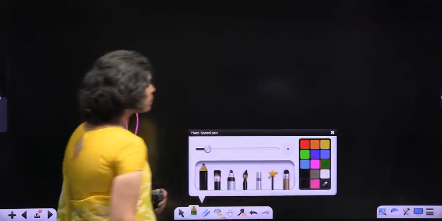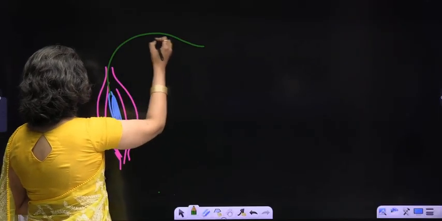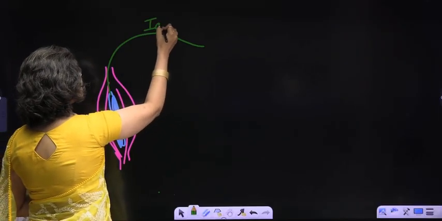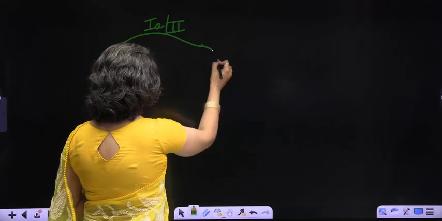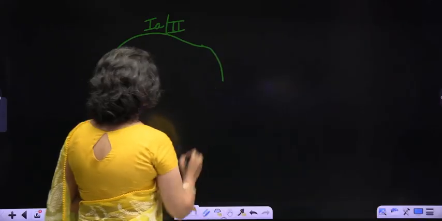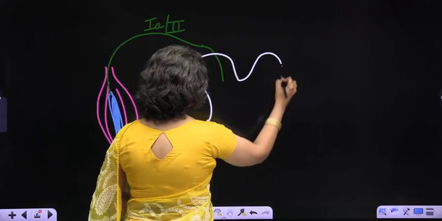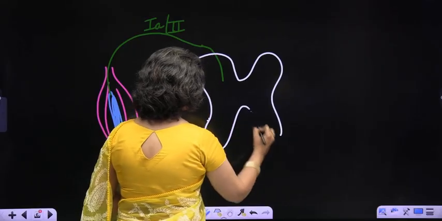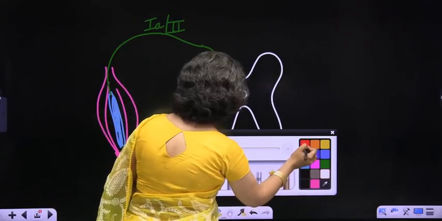From this muscle spindle, the 1A and type 2 fibers reach the spinal cord. That is how the spinal cord has to be shown. This is the integration center, spinal cord.